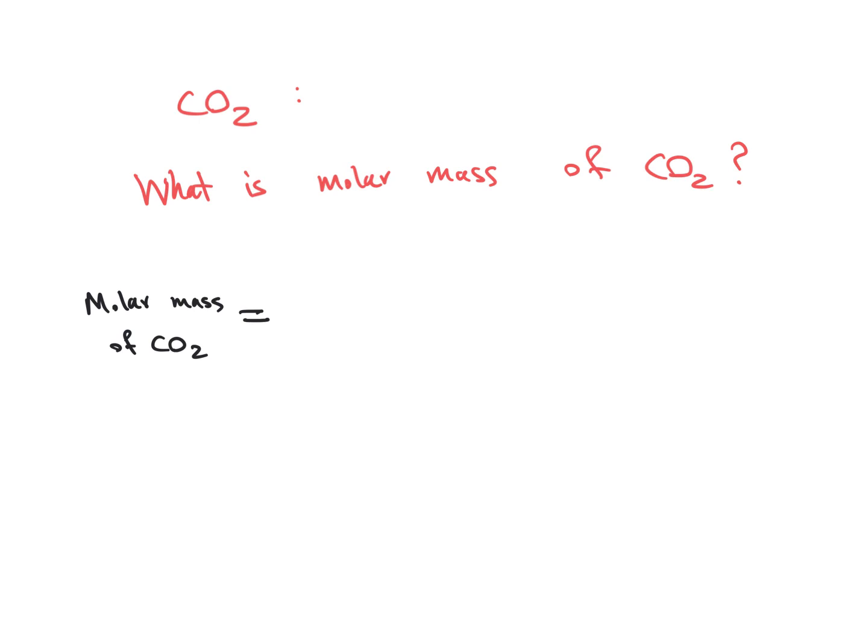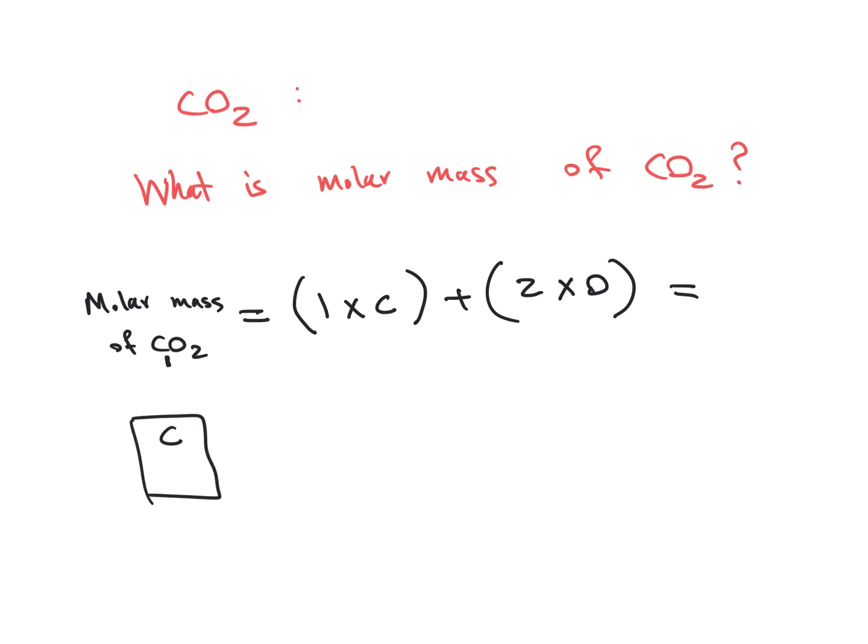We said we have 1 carbon, plus 2 oxygens. Then we go to the periodic table, and you see carbon is 12.01, oxygen is 16.00. And then you substitute these numbers here.